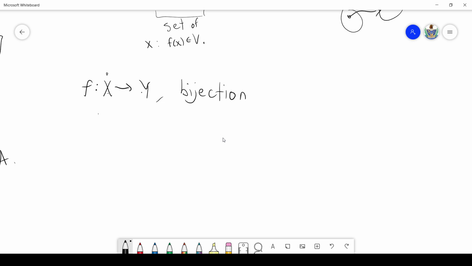Every point in X is uniquely corresponded to some point in Y and vice versa. So essentially saying that X and Y are the same as sets, and f encodes that information. So if f is a bijection, then we know X and Y are the same as sets. And they are the same as topological spaces if both f and the inverse function f inverse are continuous. In this case, f is called a homeomorphism.